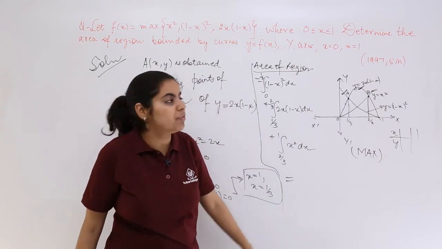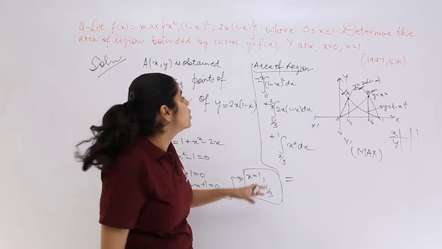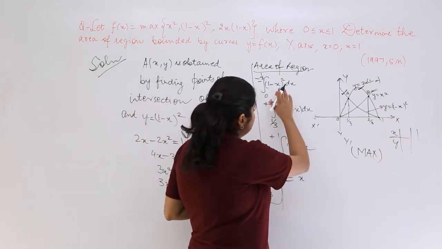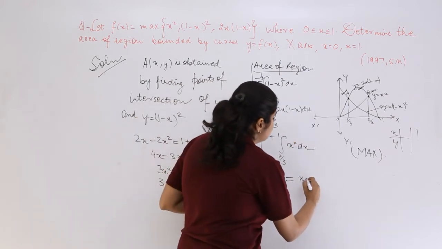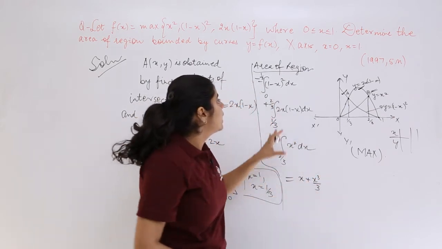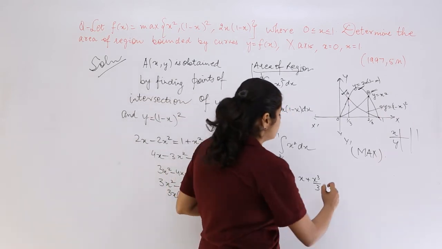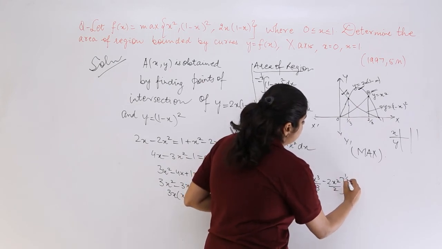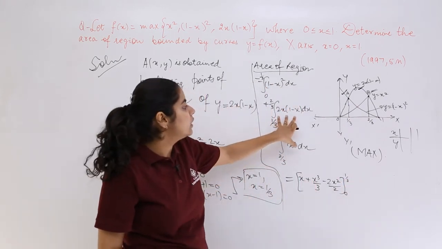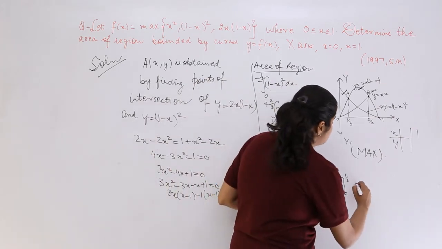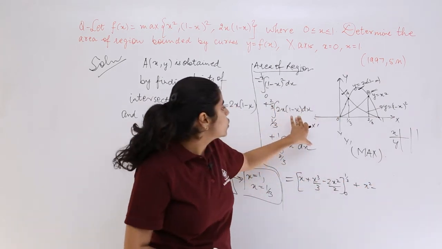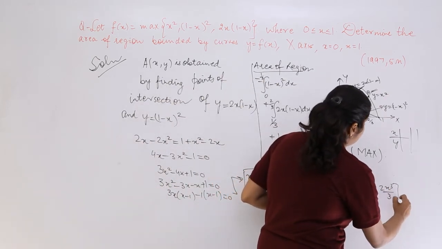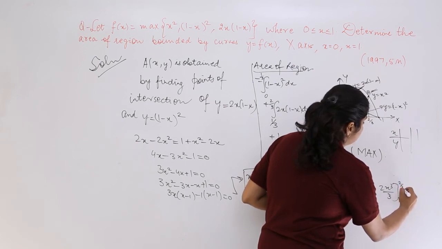Now the answer will be obtained when you evaluate the integral and put the limits. So this should be 1 whose integration gives x, plus x square whose integration gives x cubed by 3, minus 2x whose integration gives minus 2x square by 2, with limits from 0 to 1 by 3. Similarly, here 2x integration is x square, minus 2x square integration is 2x cubed by 3, with limits 1 by 3 to 2 by 3.